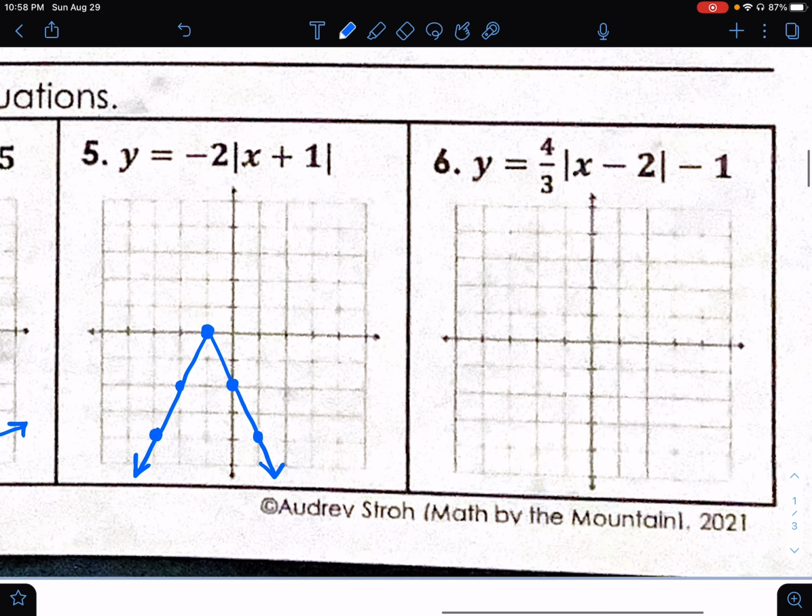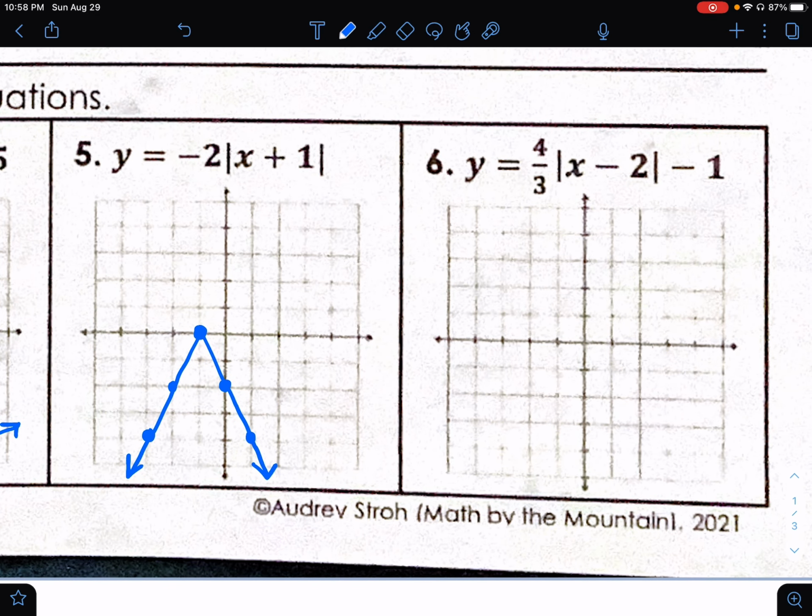Last one, vertex should be at 2, -1, and your slope is 4/3.